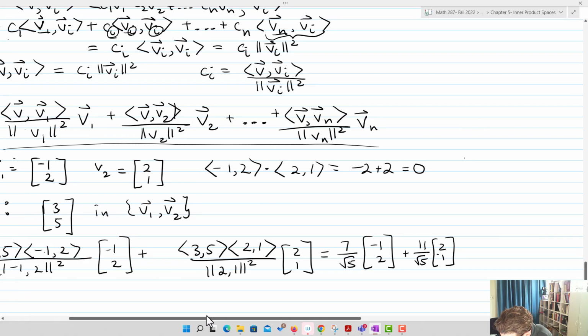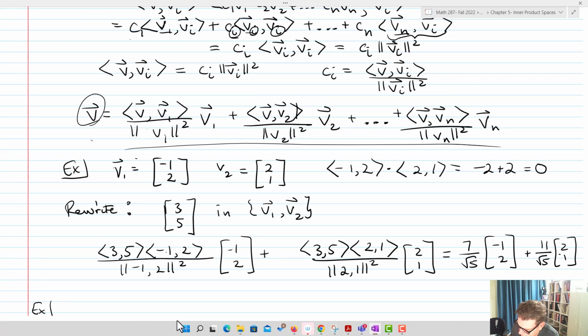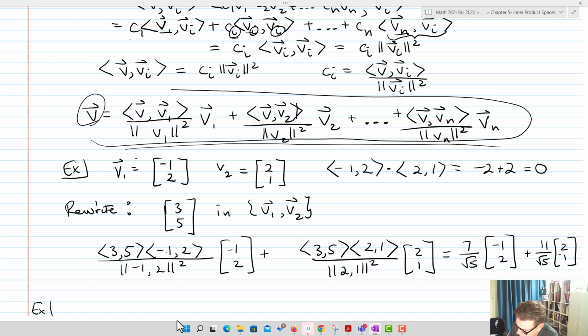And that, in fact, is our vector (3, 5). So we can just utilize this equation right here in order to rewrite a vector in terms of an orthogonal basis. And this is going to end up becoming the foundation for our work in using the Gram-Schmidt process.